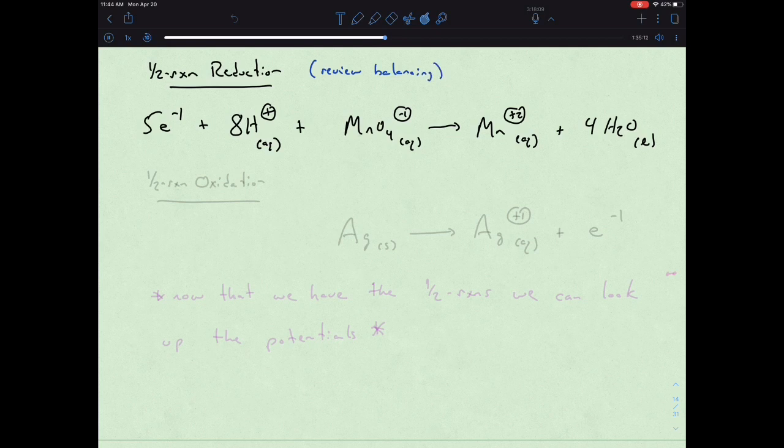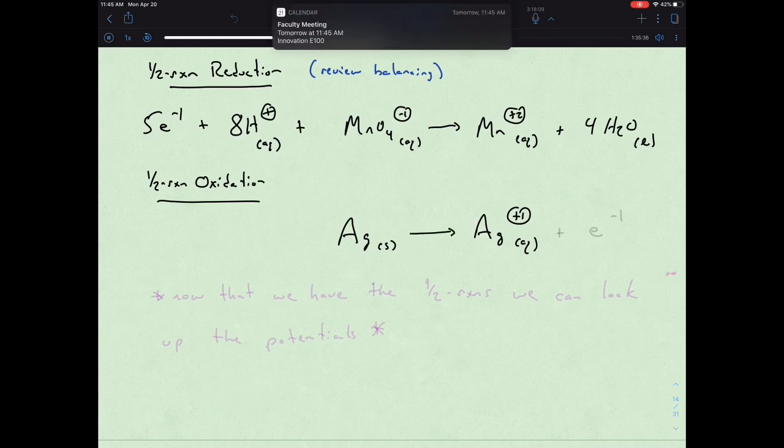So then we go to the half reaction for oxidation. And so now we're looking at the silver going to silver +1. And so this is a much easier one to balance. There's no oxygen or hydrogen, and the silver is already balanced.